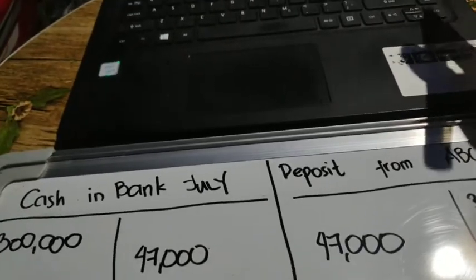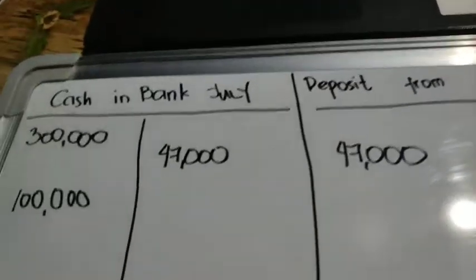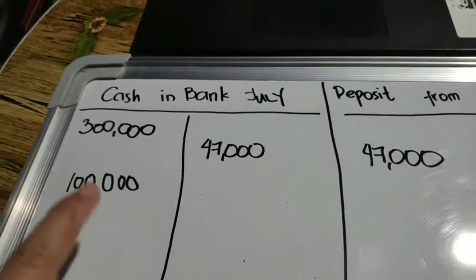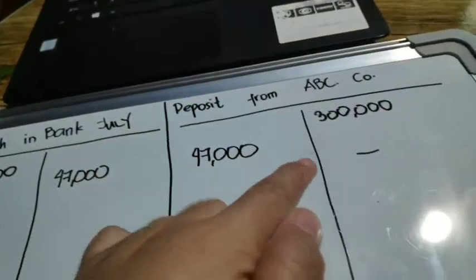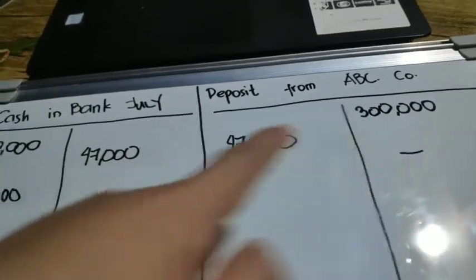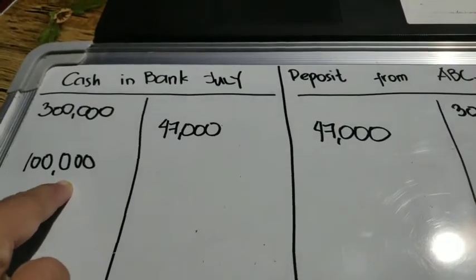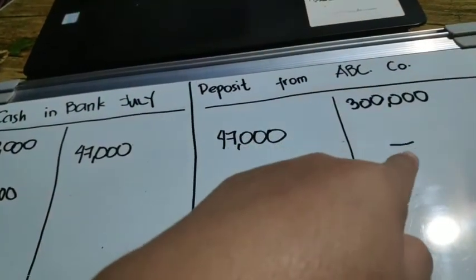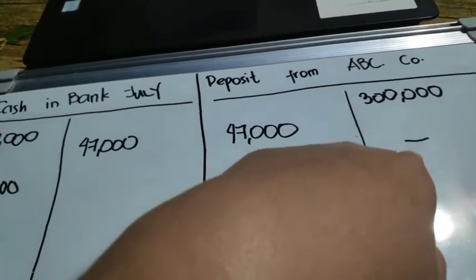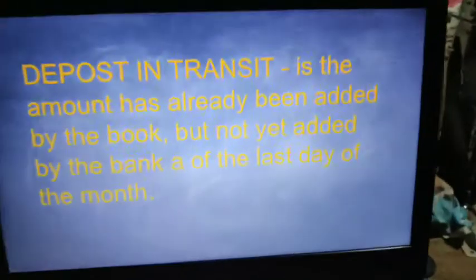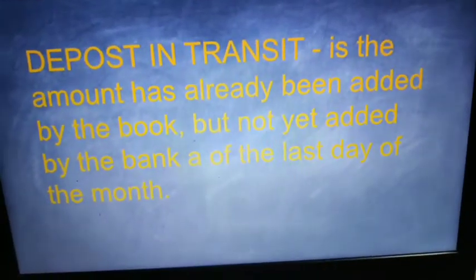Okay. What is the name of that amount pag wala siya na-reflect didto sa bank? So, a cash nga nakasulod sa company, wala na-reflect or wala na-credit ngadto sa bank on the same month is gitawag na siya deposit in transit.